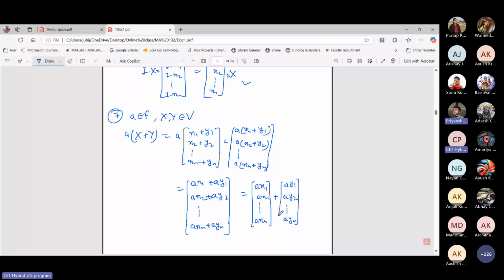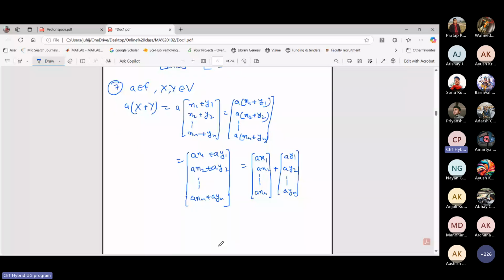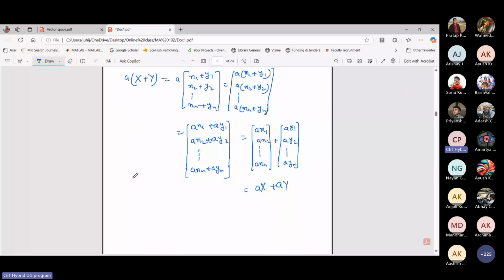And the last matrix which I have written is the same as AX plus AY by definition of scalar multiplication. So distributivity of scalar multiplication over vector addition is satisfied.